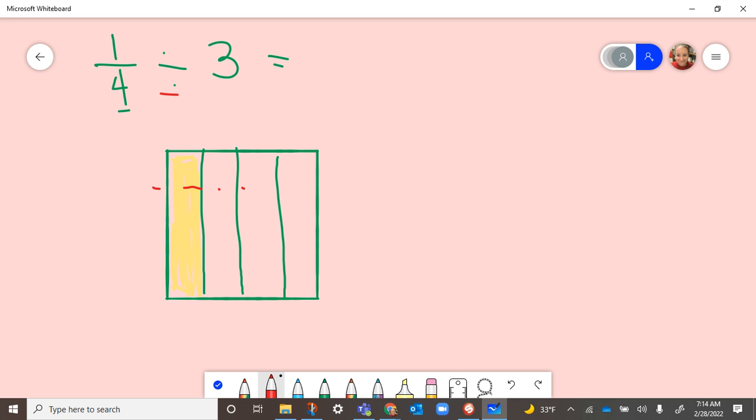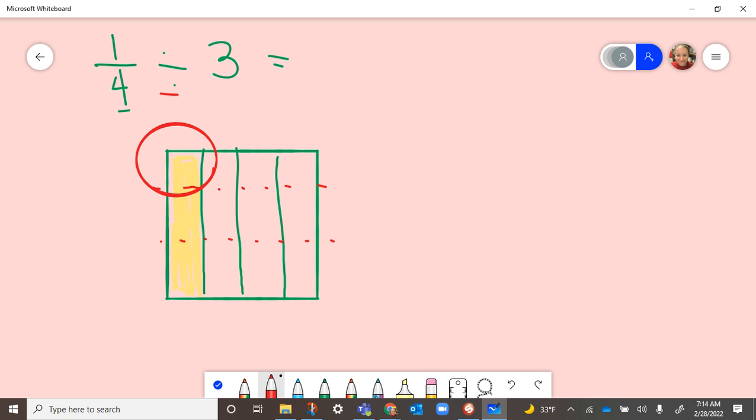Now my answer is going to be this part right here, and this is what each group receives out of the whole. So you're starting with 1/4, you split it into three groups because we're dividing by 3, and this is what each group receives out of that original whole.